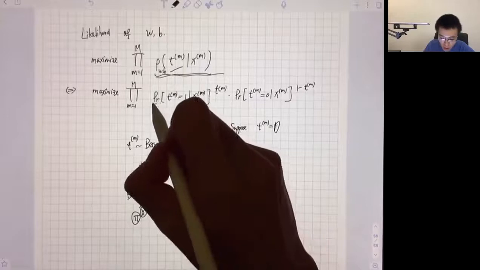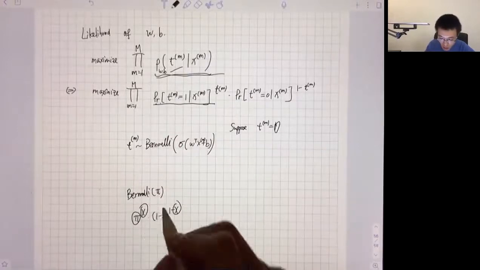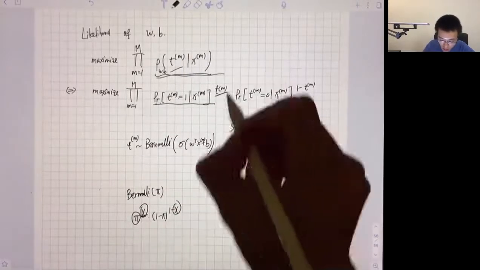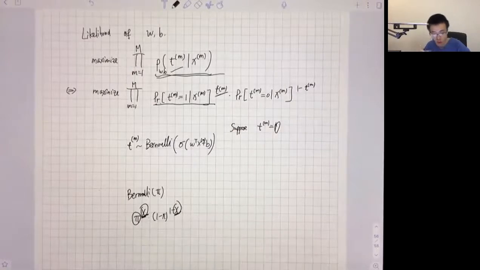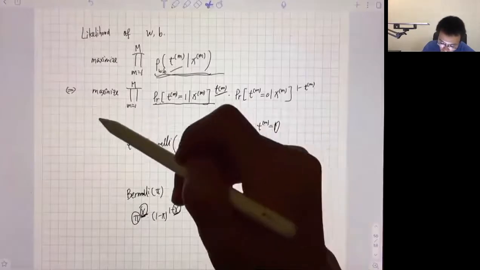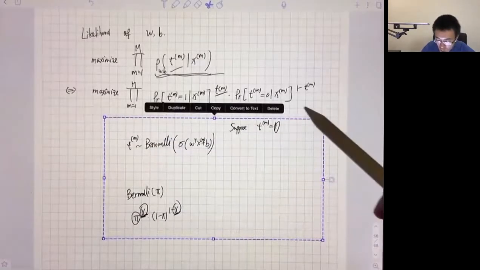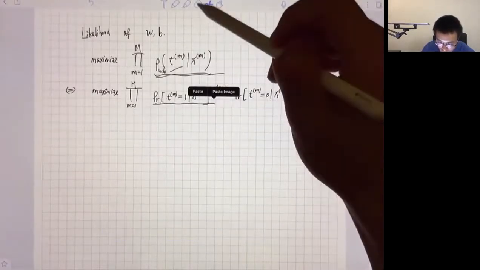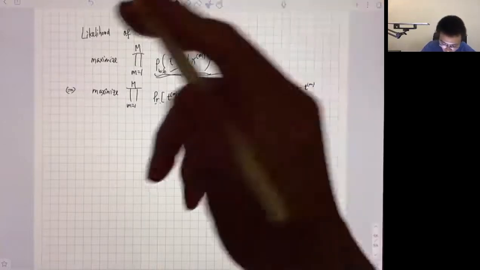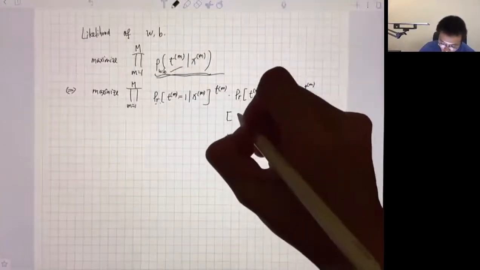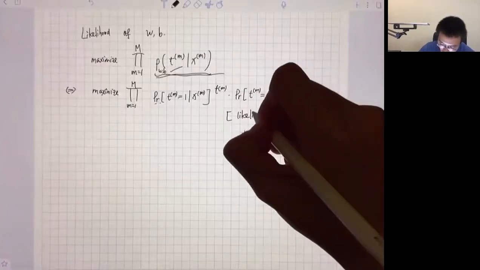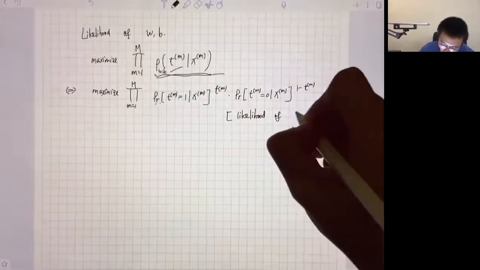So now my pi is the predicted probability, and the target tm is just the outcome, the real target. This is my definition of the likelihood of the Bernoulli distribution.